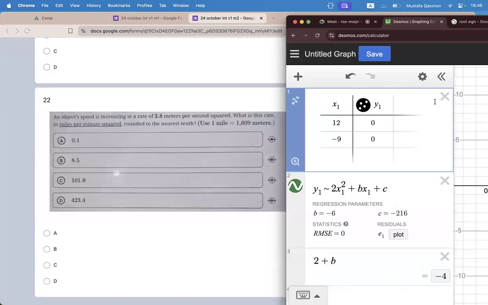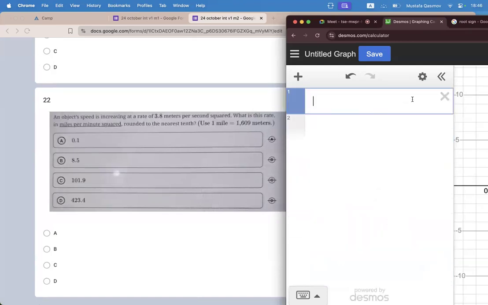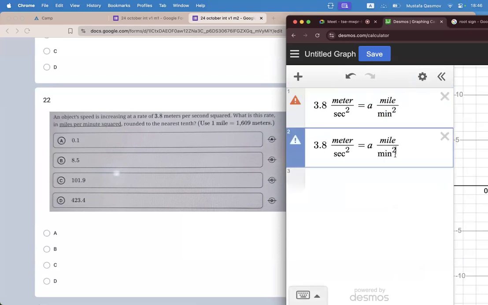22, last question. 3.8 meters per second squared is equal to, let's say, a miles per minute squared. Okay, we can write 60 seconds instead of minute, right? So let's write 60 seconds here.